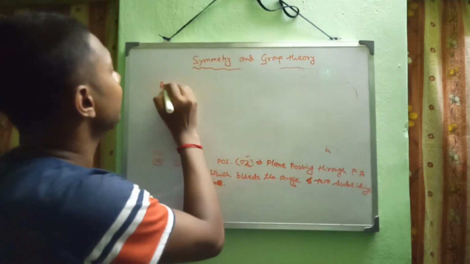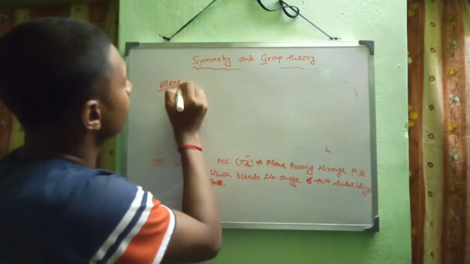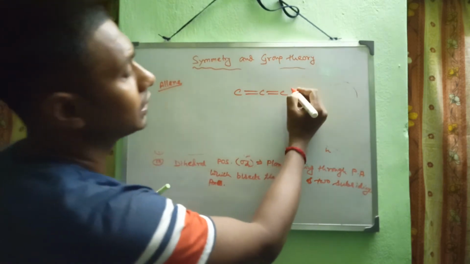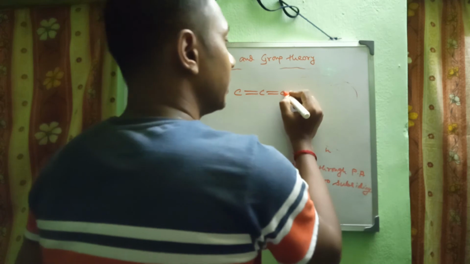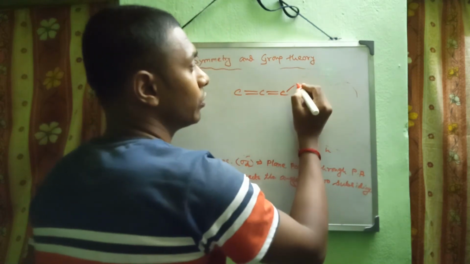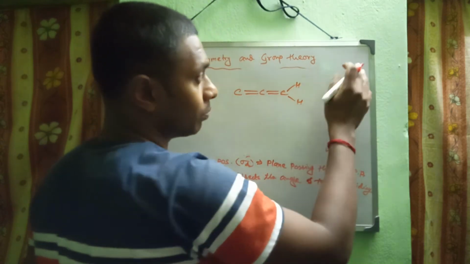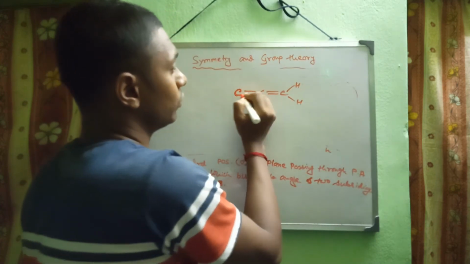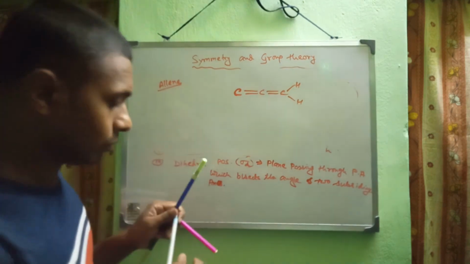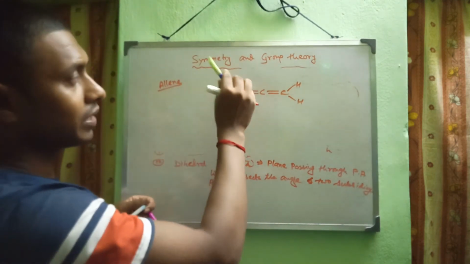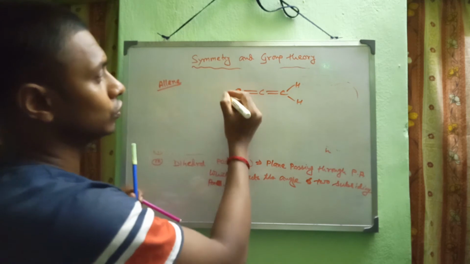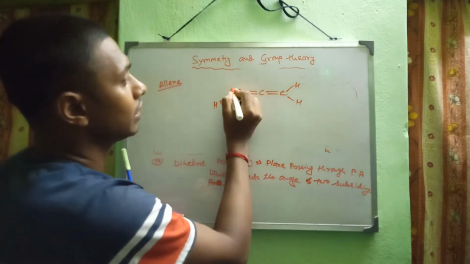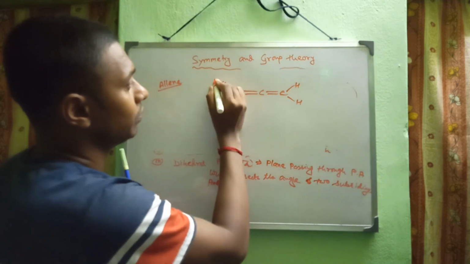Now for example, let us take allene, the structure of allene looks like this. If the two hydrogens of this terminal carbon lie on the plane of this board, then the other two hydrogens of the other carbon, one must be above the plane and the other must be below the plane.